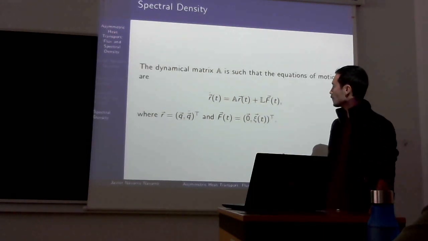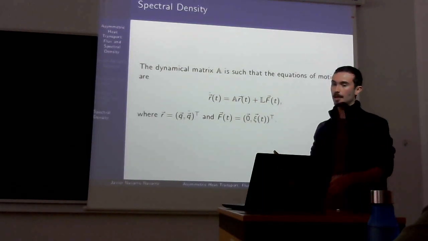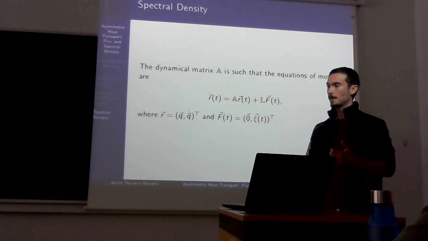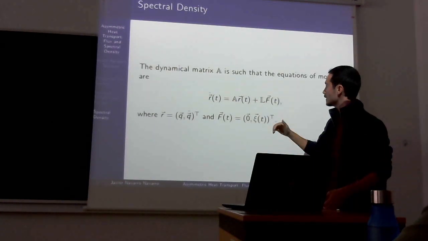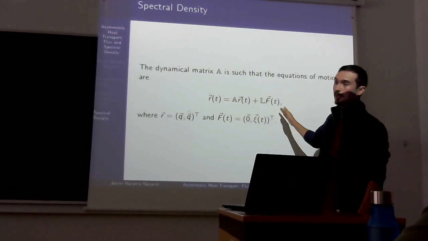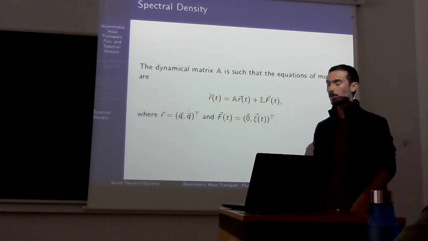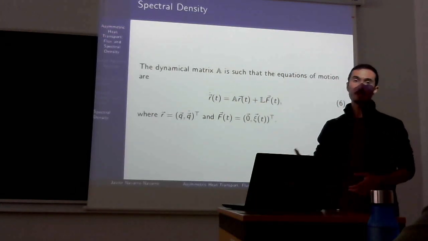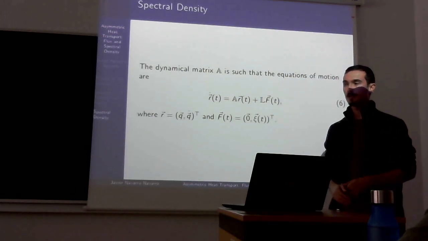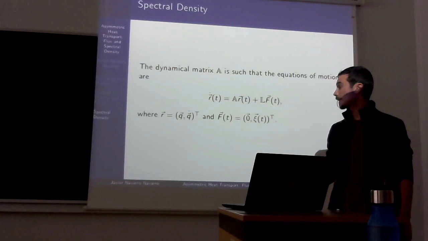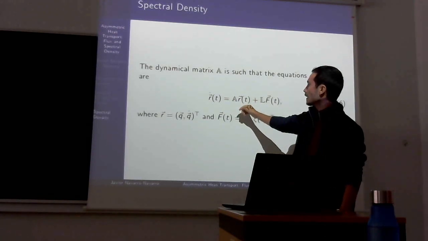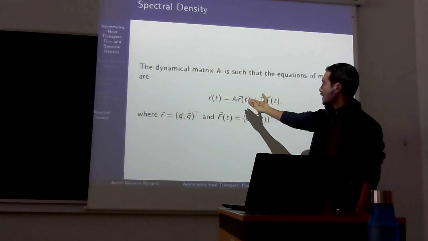So we are going to approximate this two-ion chain by a two-ion chain that is not affected by random forces, but has some dissipation. Now this system can be described by normal modes, and the natural frequencies are given by the poles of the dynamical matrix A.